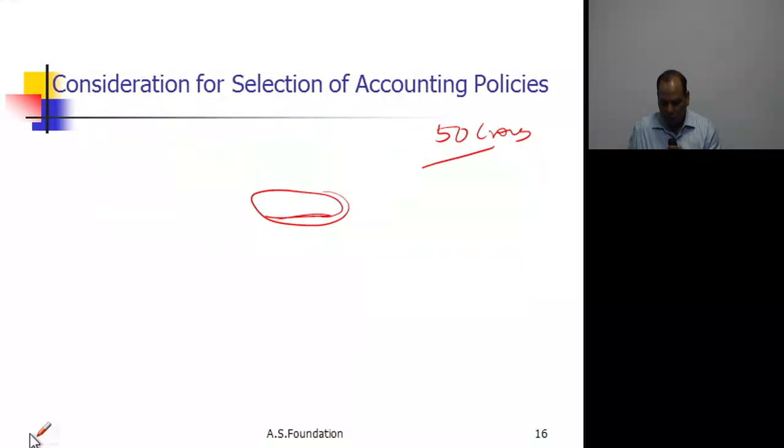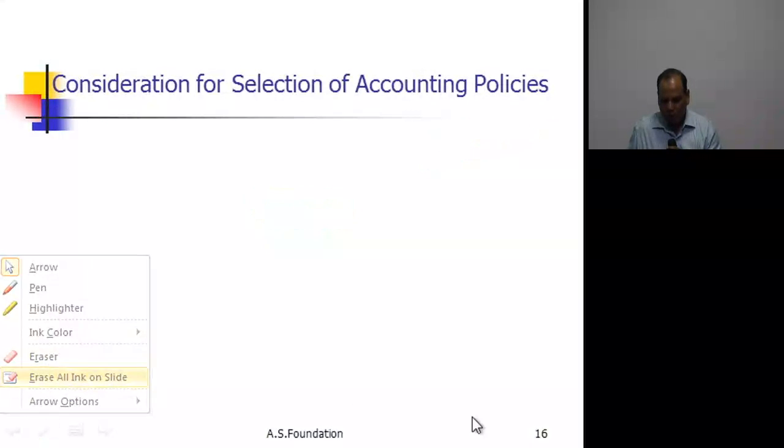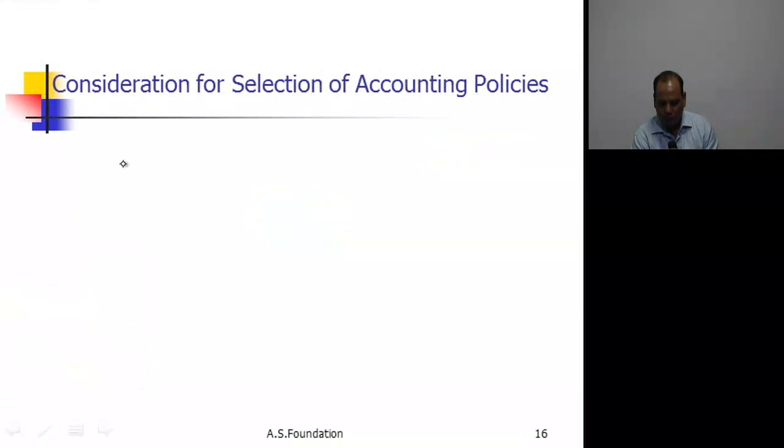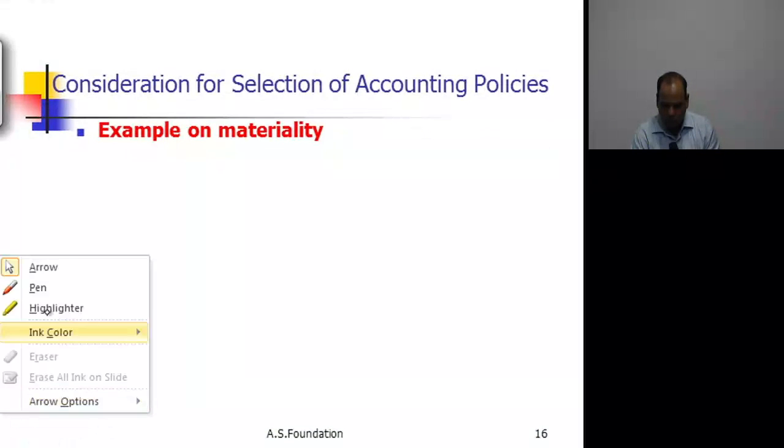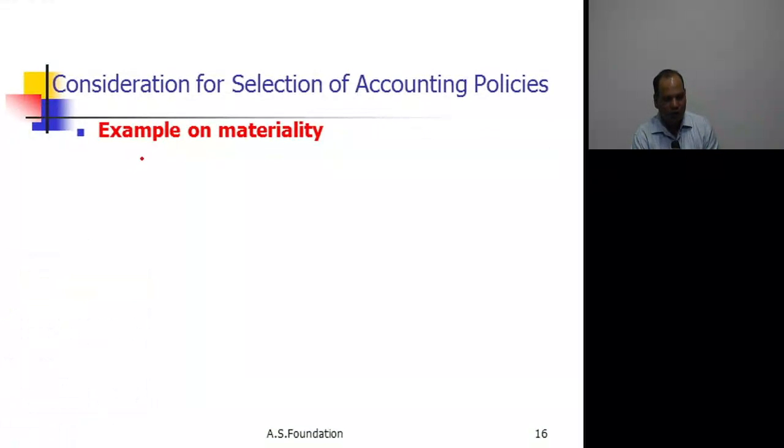Understand? Suppose you have to write printing and stationery item. In P&L account, generally we write like this: to printing and stationery. Do we write like this in P&L account debit side?